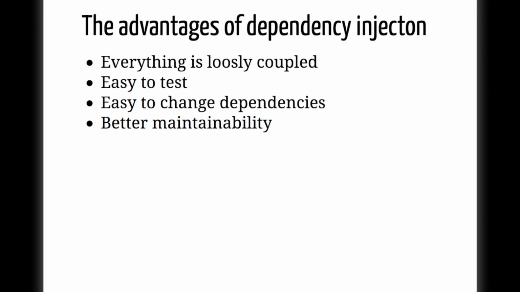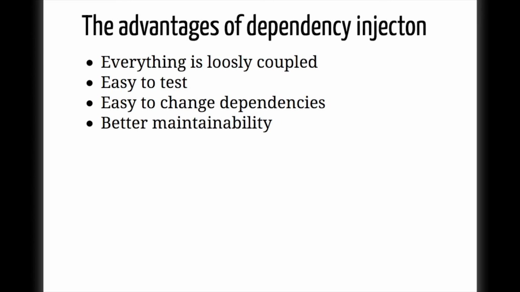So, the advantages of dependency injection, in summary: everything is decoupled. It's easier to test, as I hope we presented to you. It's easy to change dependencies, and overall, it's better maintainability.